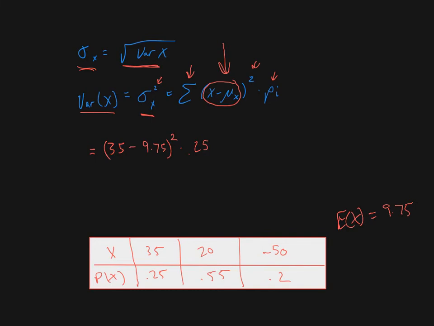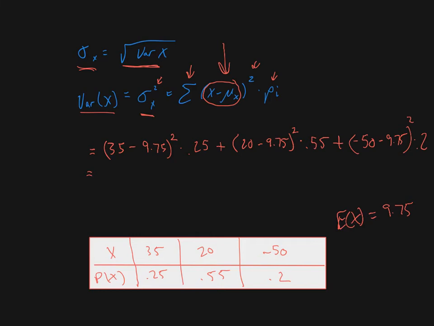And now we're going to add that to the next deviation, which was 20 minus 9.75, all squared, times the likelihood of that happening, which is 0.55, and add that to negative 50 minus 9.75, all squared, times 0.2. All right, now let's just take this one step at a time.